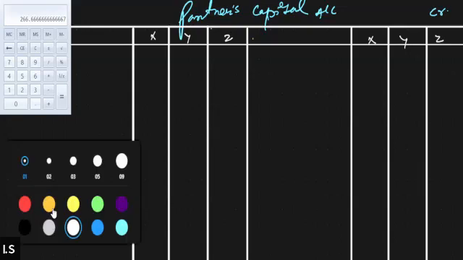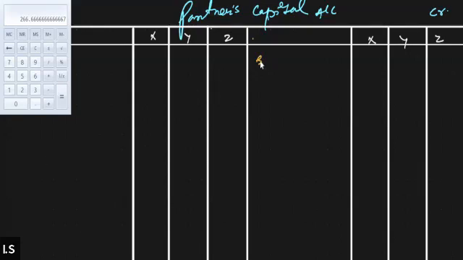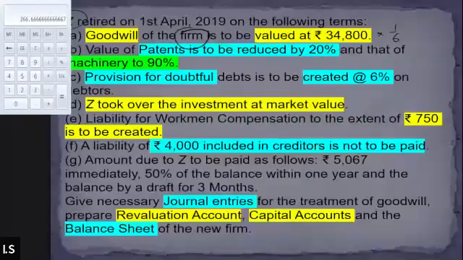So opening balance is by balance BD. Balance BD is opening balances of the partners were given in the question. No?